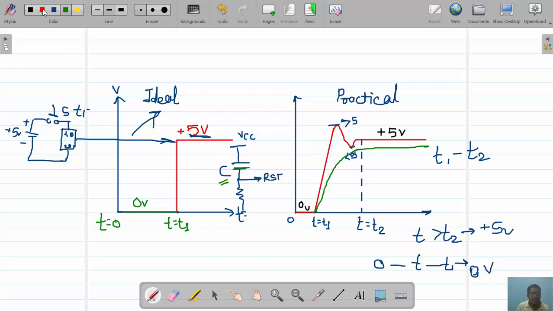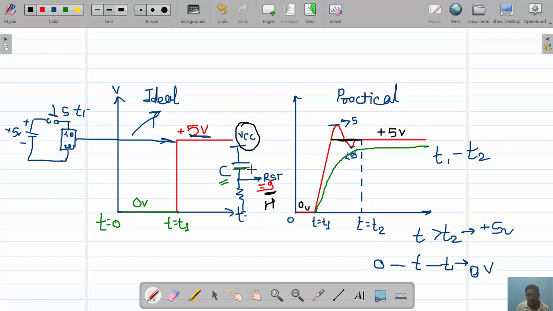Because of that, as this is connected to pin number 9, the voltage on pin number 9 for this amount of time is high. I will denote that over here. So between T1 to T2, the voltage on this is at high level, that is, whatever the VCC value is, that value is passed as it is to pin number 9.